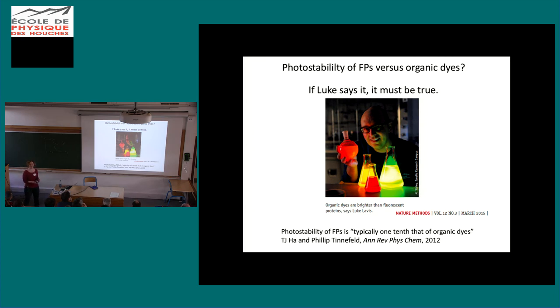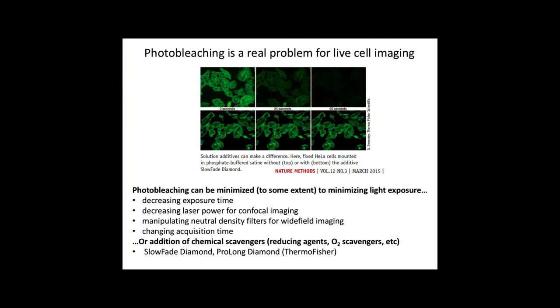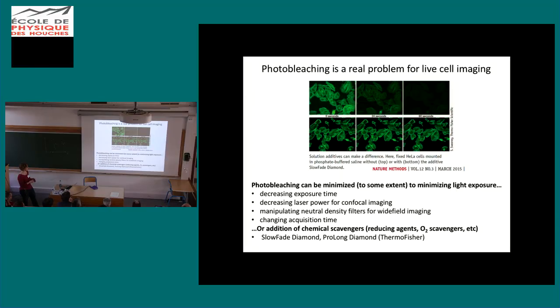I might have said 1/100th, so I think we have a ballpark range; there seems to be general agreement. What I can't find is direct comparisons. But there seems to be a general consensus that fluorescent proteins are less photostable, probably somewhere from 1/10 to 1/100th.